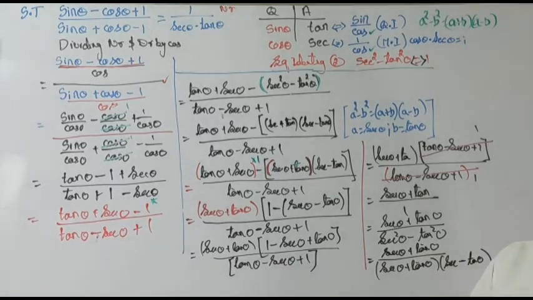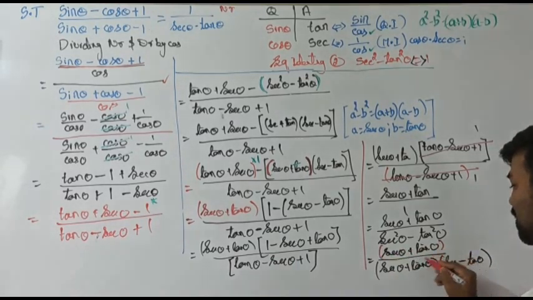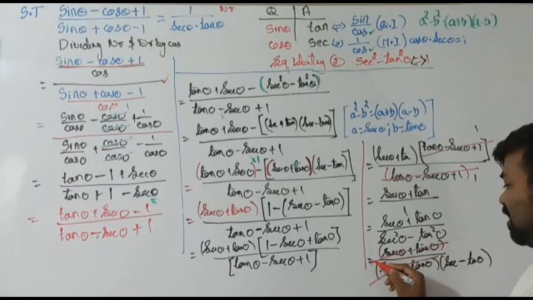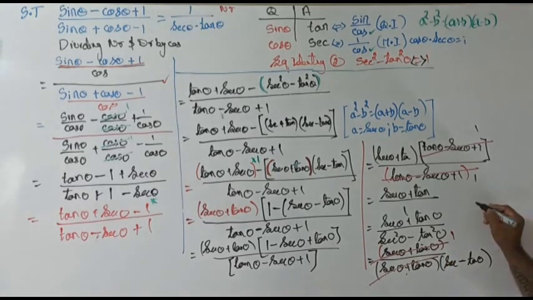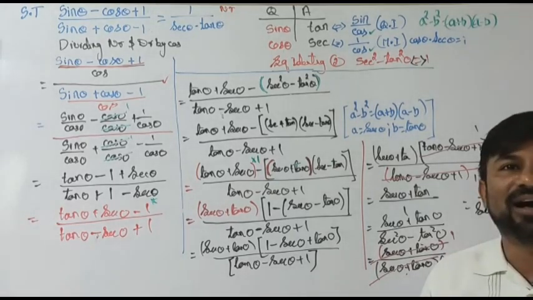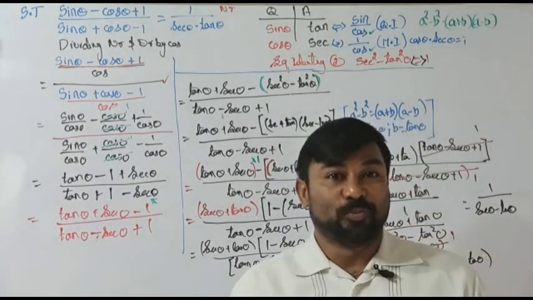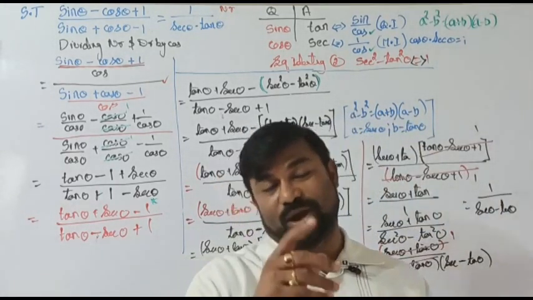You got it? Now I kept in the bracket, right? I have cancelled this, one time and one time, and what's the answer left over? Answer left over is, if you check it out, 1 by secant theta minus tan theta. So hope you understood. It's a tricky part, but you have to get it.